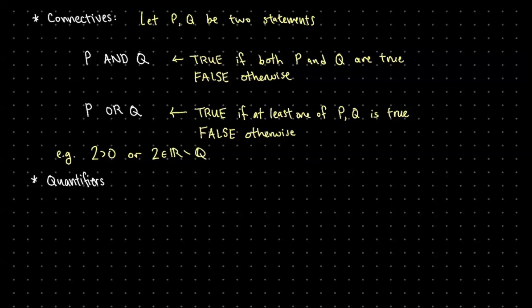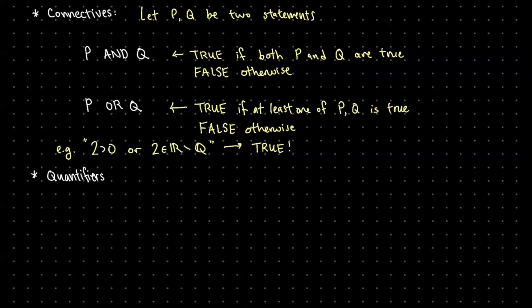Okay. Is 2 greater than 0? Yes. Is 2 irrational? No. But one of them is true, and it's an or statement, so the entire or statement evaluates to true. I'm pretty sure if you did plug this into Python, you would get true. Okay, for example.